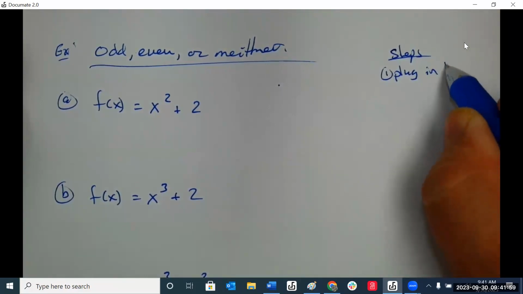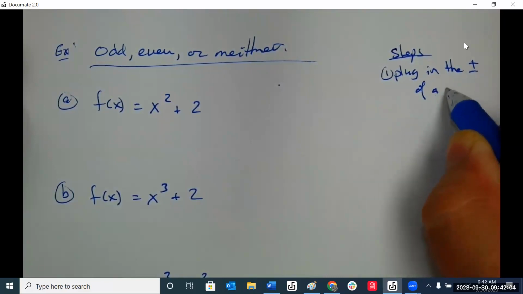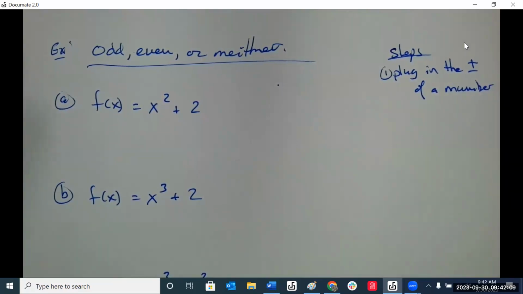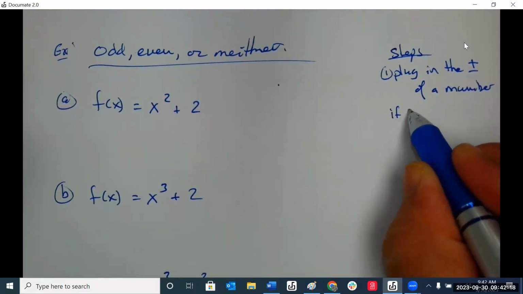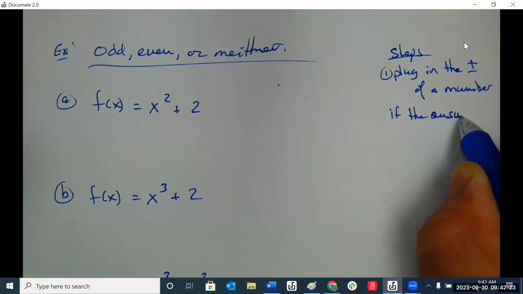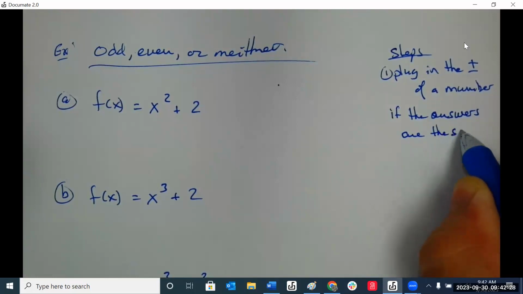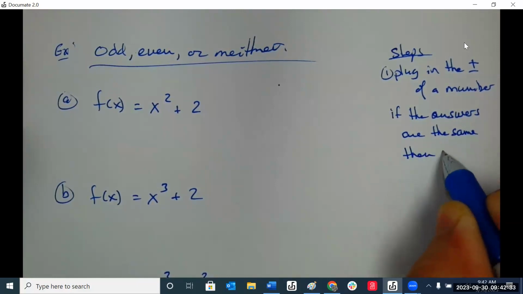Plug in the positive, negative of a number. If the answers are the same, then even.